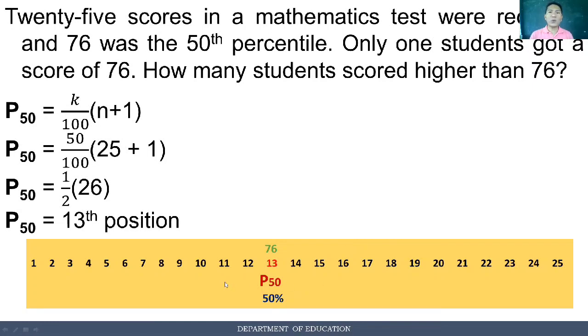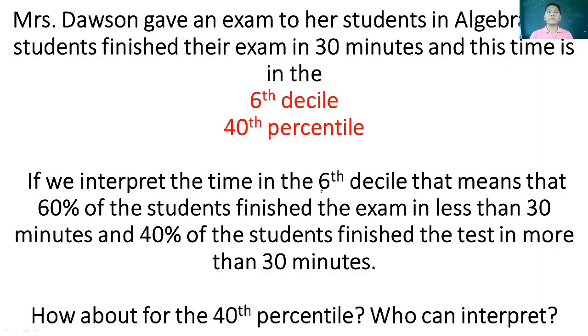And how many students scored lower than 76? There are also 12. So that is how we interpret the percentiles.